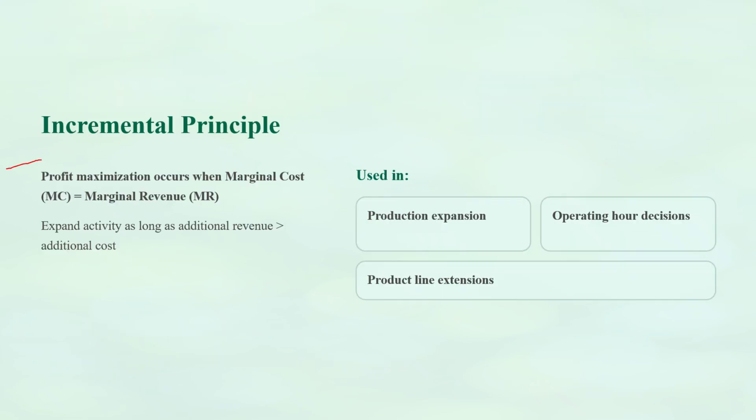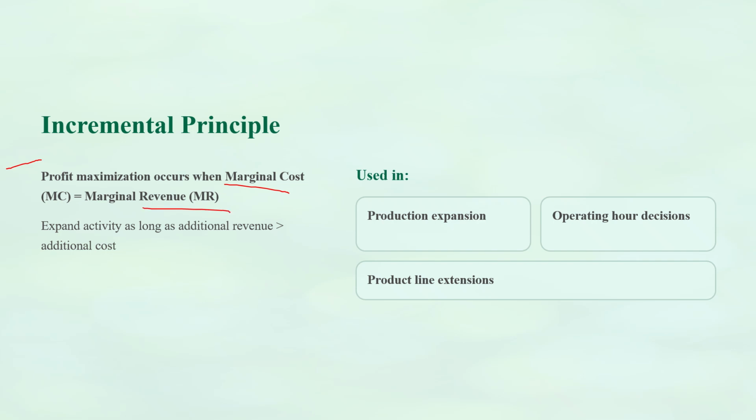Now, the next one is the incremental principle. What is the incremental principle? It focuses on extra cost and extra revenue. For example, a firm should continue expanding production until marginal cost equals marginal revenue to maximize profit.